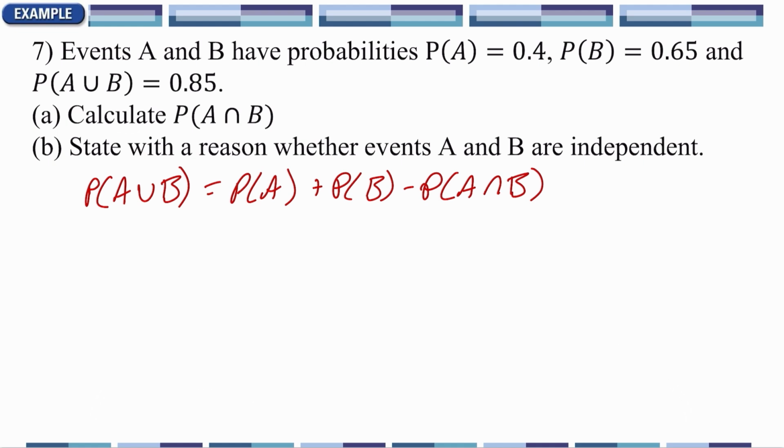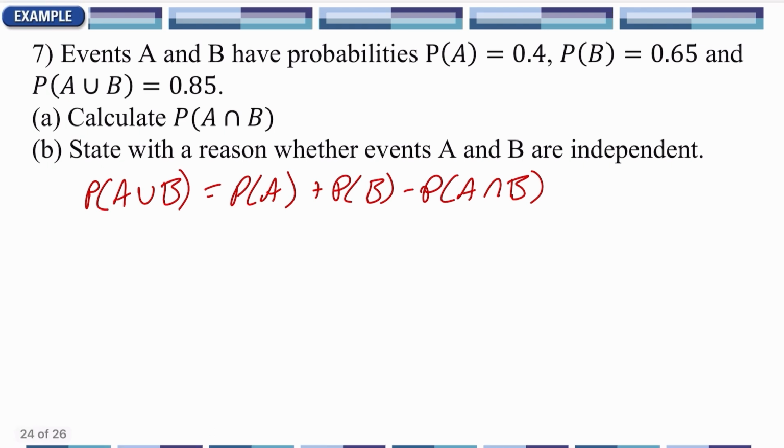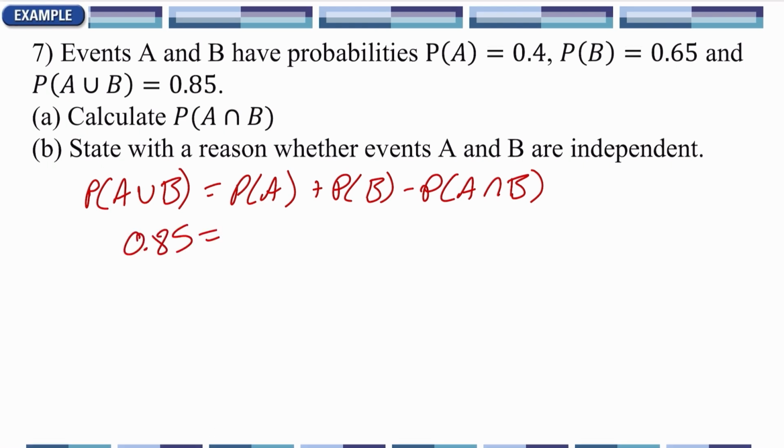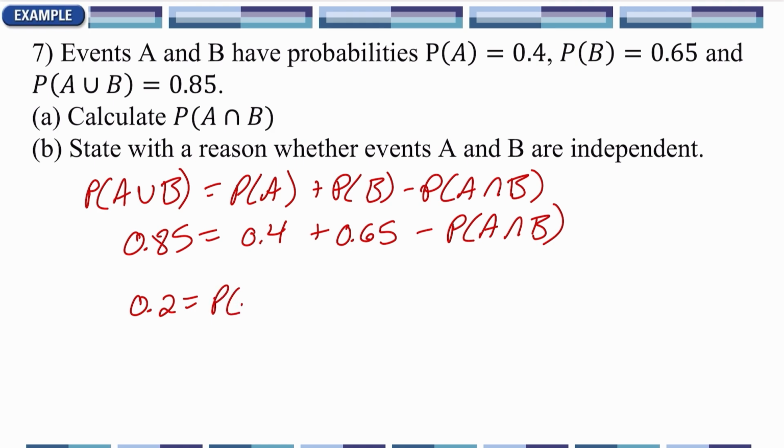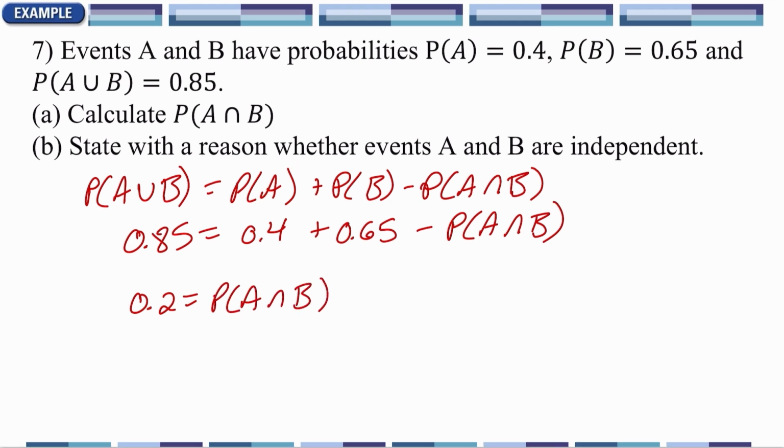All right, so we have their union, 0.85, and the probability of A is 0.4, plus the probability of B is 0.65 minus the probability of their intersection. So we're going to solve for their intersection. And when you do that, you're going to end up getting 0.2 is their intersection, the probability of A intersect B. So that's our answer to part A.